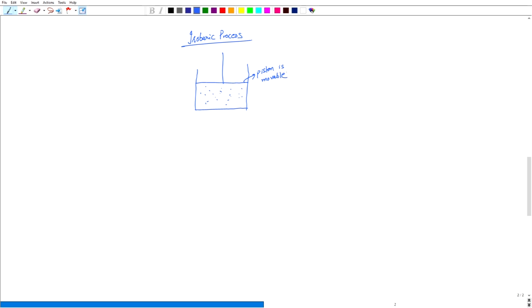We need to keep the pressure constant, and the only way to do that is to change the volume. Again we give some heat Q to the system.